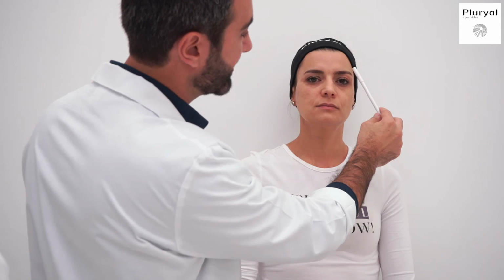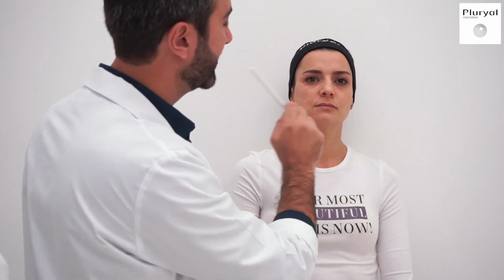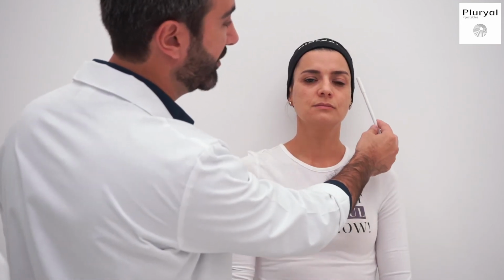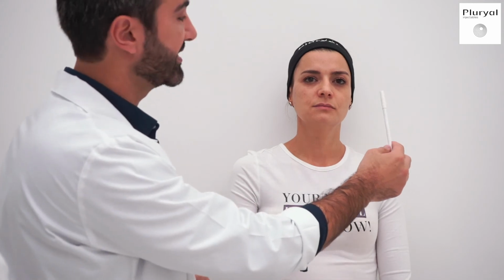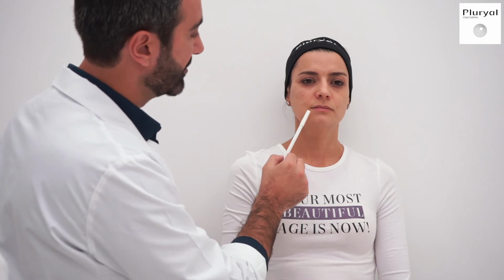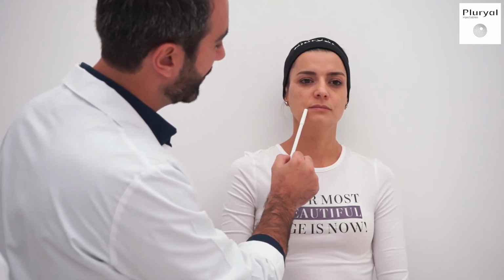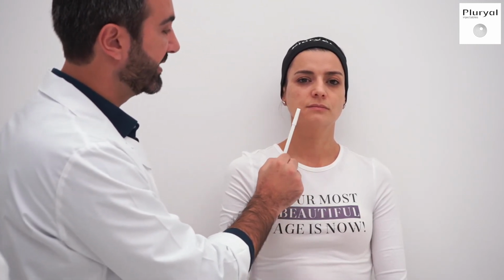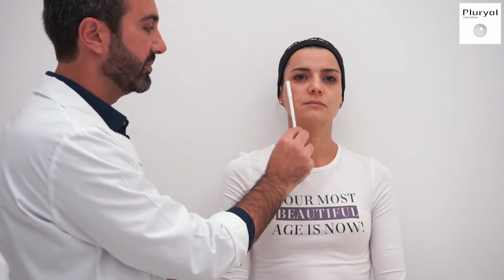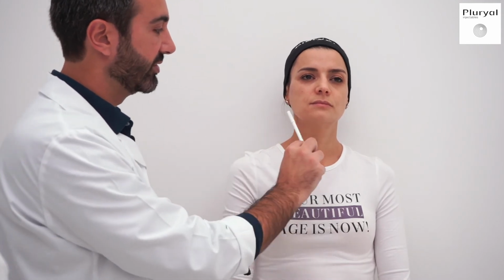Her eyebrow here was already higher even before the treatment. Now, whenever we do the second half, it will get better. Also, her marionette line seems higher, and we have a very smooth transition between her cheek and her jawline.